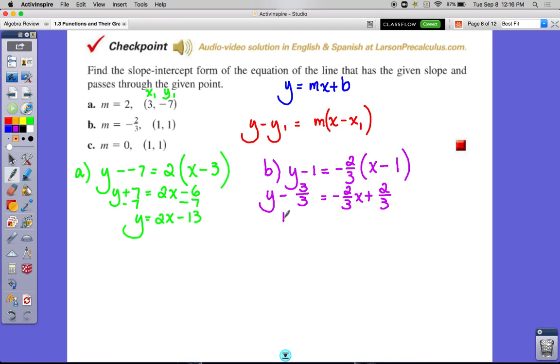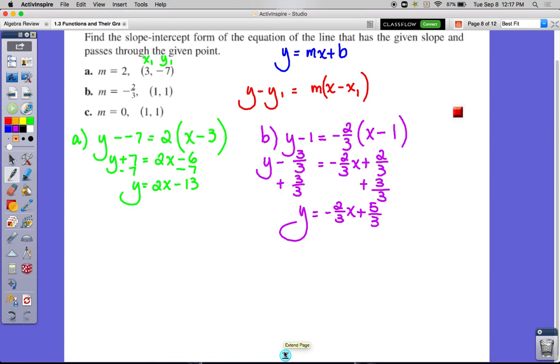So now when I go to do my next step, I save myself a huge headache by saying I can add 3 over 3, and now I have y equals negative 2/3 x, 2 over 3 plus 3 over 3, add the numerators, 5 over 3. And there's my final slope-intercept form of the equation that I had to use point-slope to start off writing.